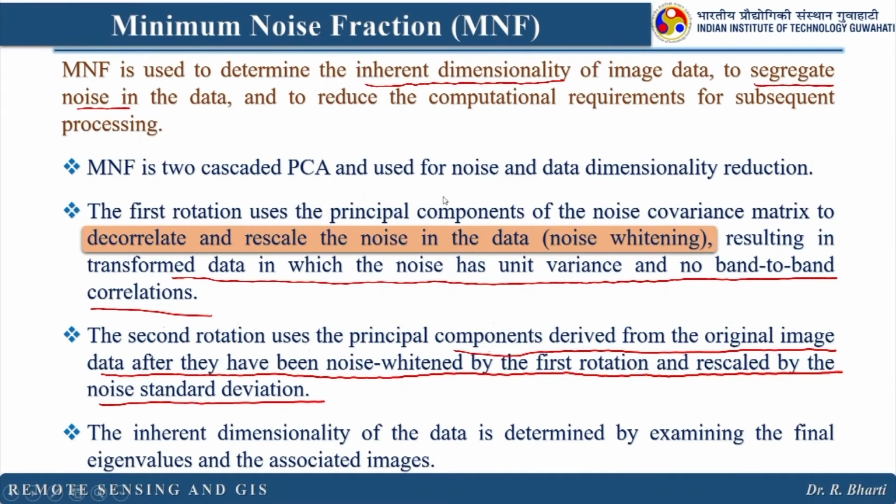Here these two terms are very important. In the first step, we are identifying the noise and decorrelating it from the data. So there will be no band to band correlation afterwards. In the second rotation, we are going to identify PC1, PC2, PC3, remember that from PCA, right?